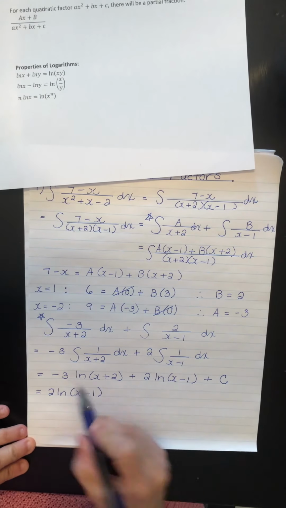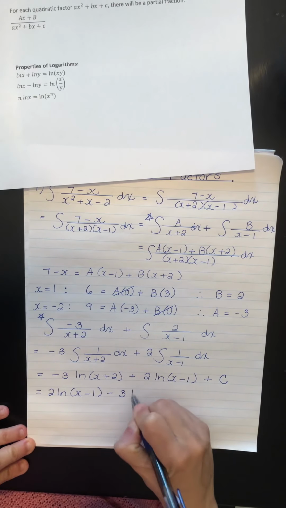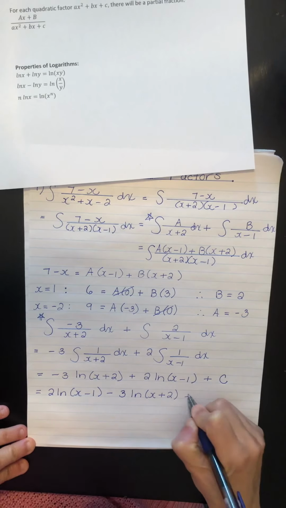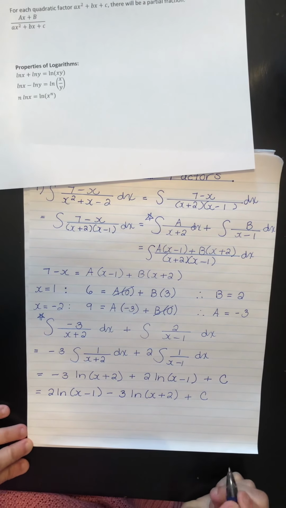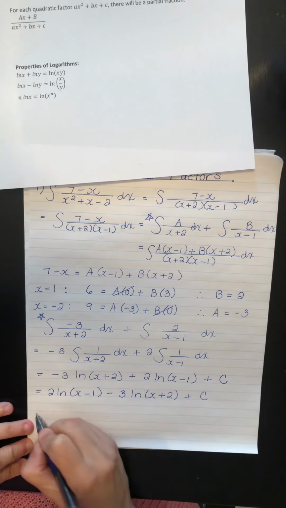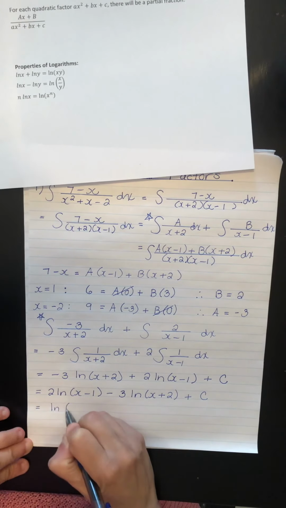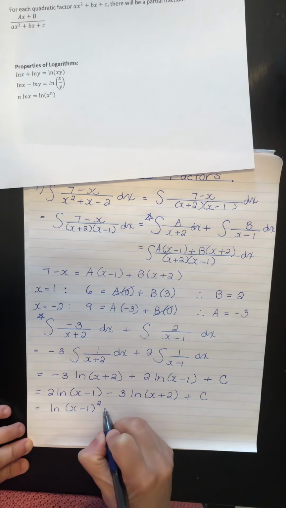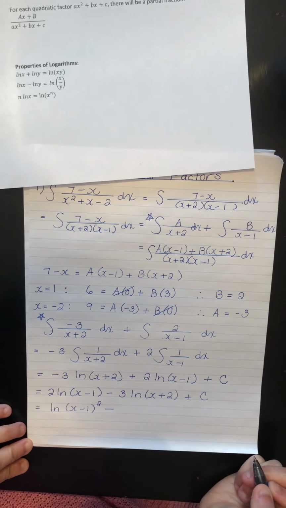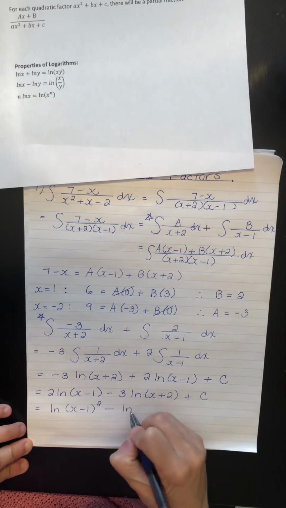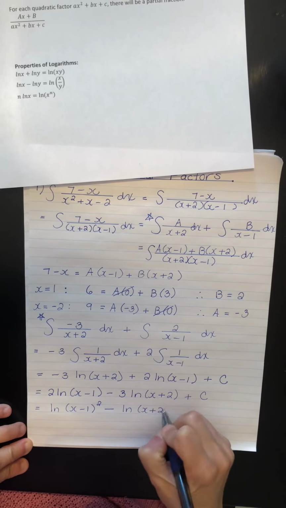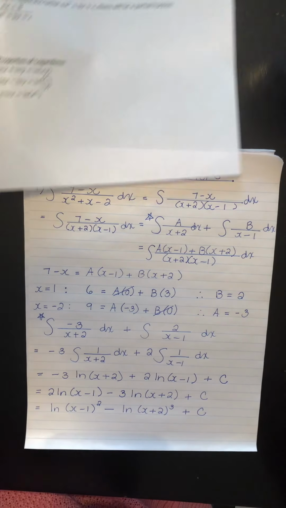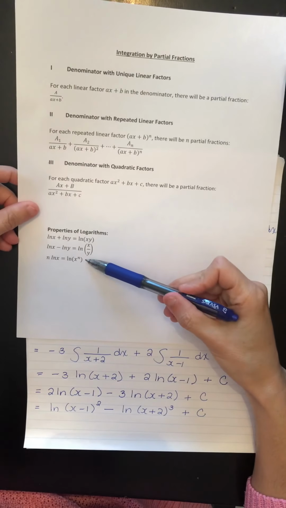Start with the positive term, then it looks like this. Now we'll use that third property, so this becomes x minus 1 all squared, and after the subtraction, x plus 2 all cubed. Okay, so again, that was making use of this property.